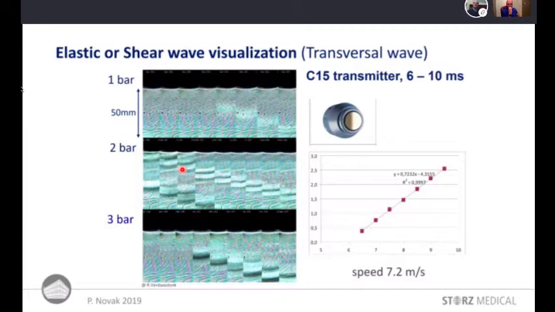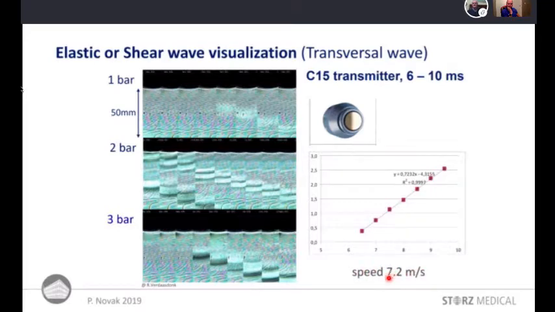When we use the darkness of these images as the amplitude of these waves, we will see that the propagation, also the decrease of the intensity, is significantly slower compared to the longitudinal wave.